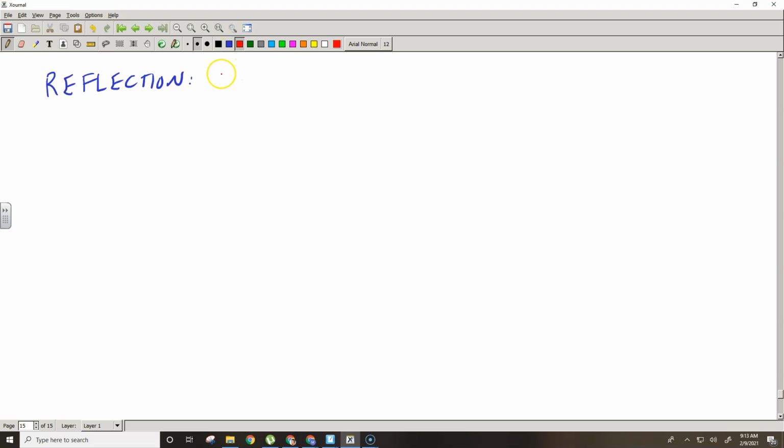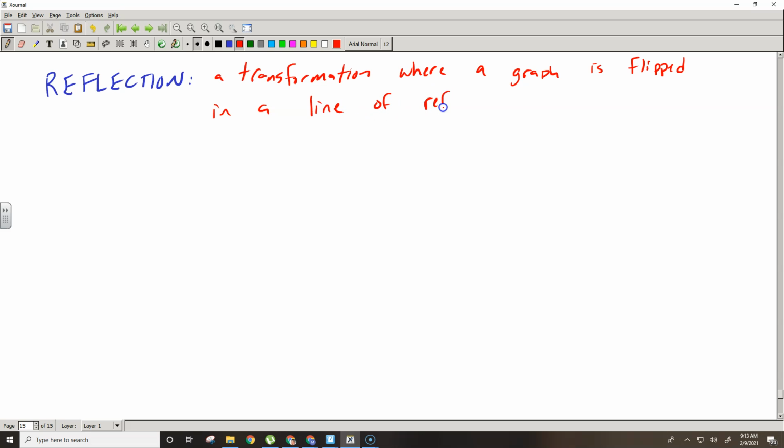A reflection is just a transformation where a graph is flipped in a line of reflection.